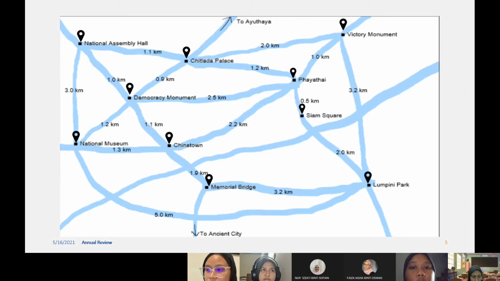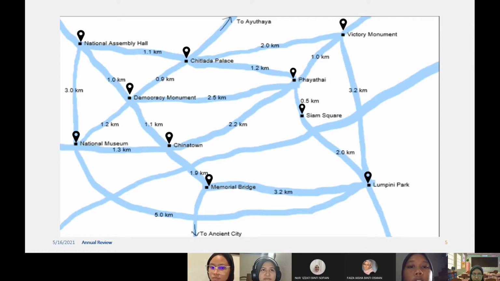The only routes we can go next are Payatai or Lumpini Park. But because we are using Prim's algorithm, we have to choose the shortest between the two. Therefore, we choose Payatai because the length between the two cities is 0.5.